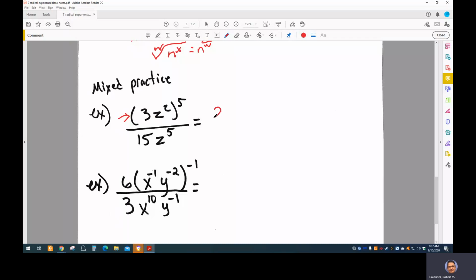All right, so we have 243 Z. And then this is power to power, so the base stays the same. We multiply our exponents, 10.